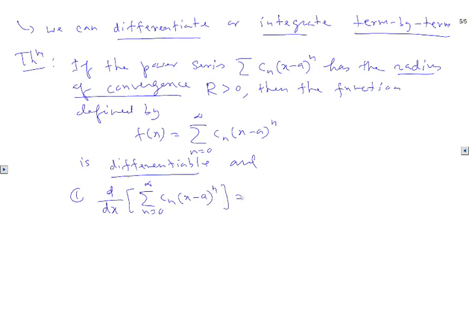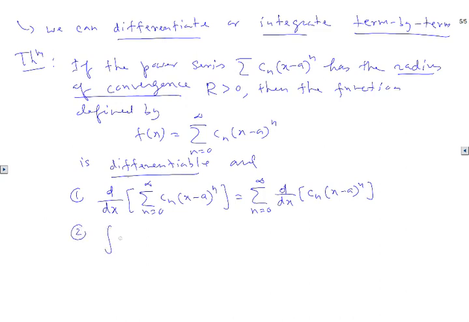This is simply equal to, we can take the sigma out and put the derivative in, of c n x minus a to the n. This is very interesting. That means you can do term by term differentiation. You can switch the sigma and the derivative, and also you can switch the integral.